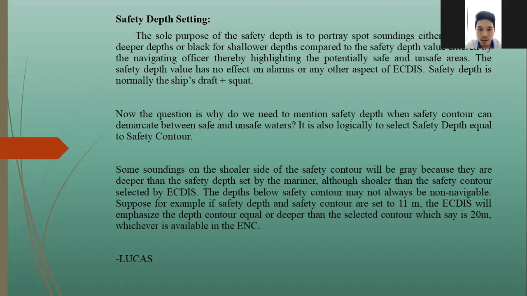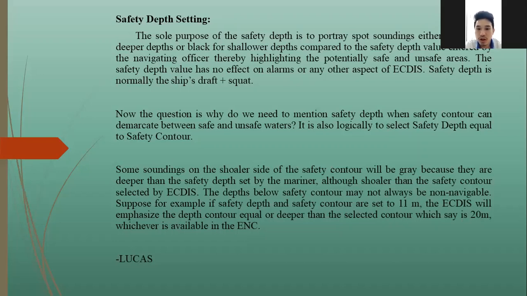Now, the question is, why do we need to mention safety depth when the safety contour can demarcate between safe and unsafe waters? It is also logical to select a safety depth equal to the safety contour. Some soundings on the shoal side of the safety contour will be gray because they are deeper than the safety depth set by the mariner.